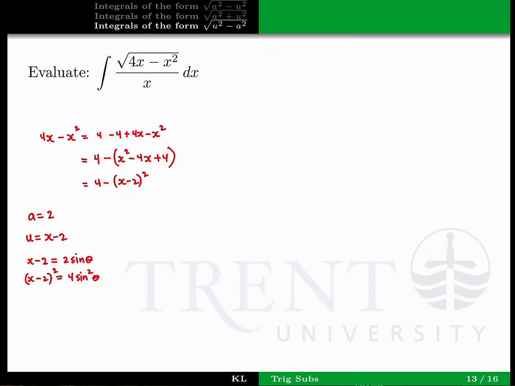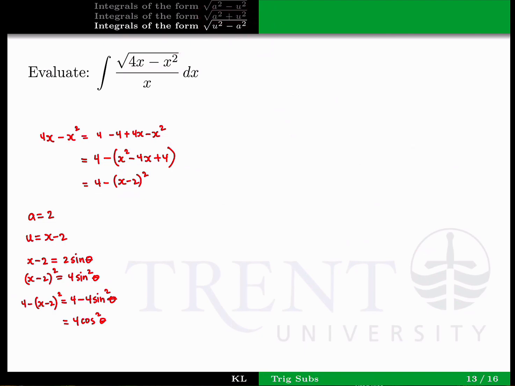And then we have 4 minus, not x squared, but x minus 2 squared. This will be 4 minus 4 sine squared theta. And again, we can skip the factoring part and the conversion part. In the end, you will have 4 cosine squared theta.